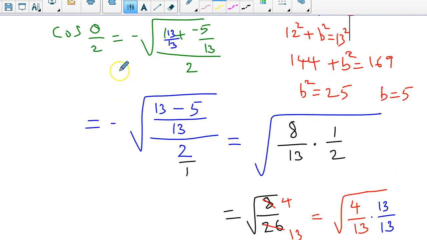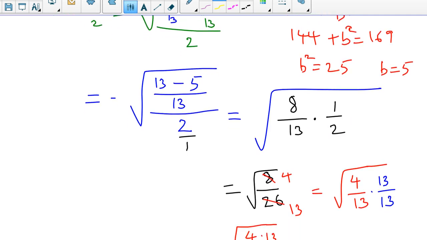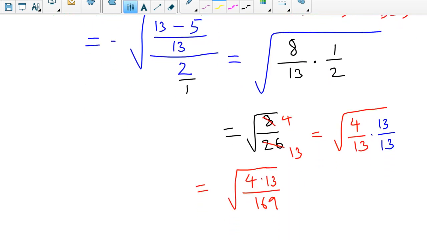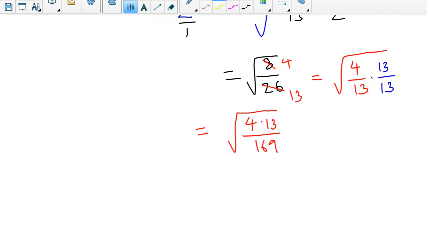Then on the left-hand side, we are looking for cosine theta over 2. So cosine theta over 2 is equal to, we know that the negative sign is already there in the formula, negative.